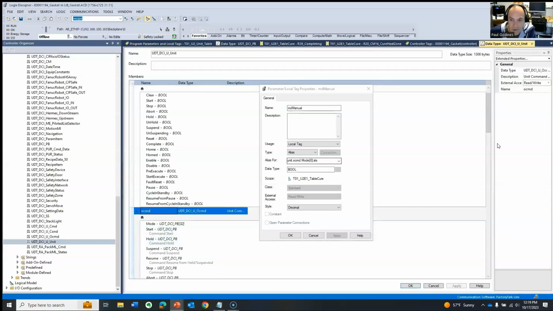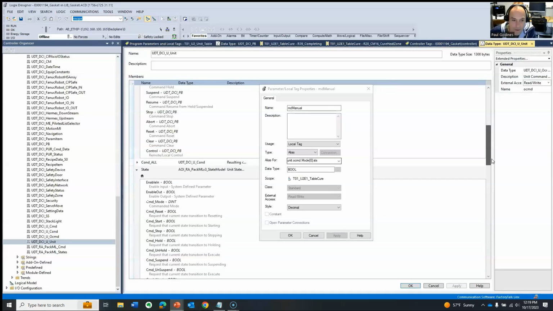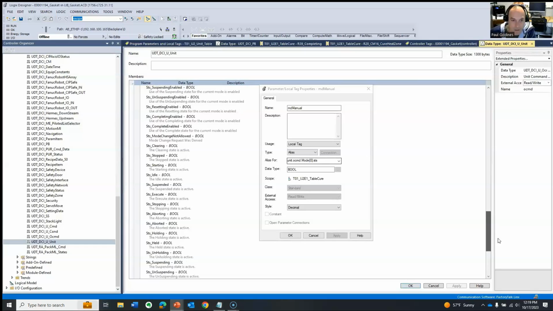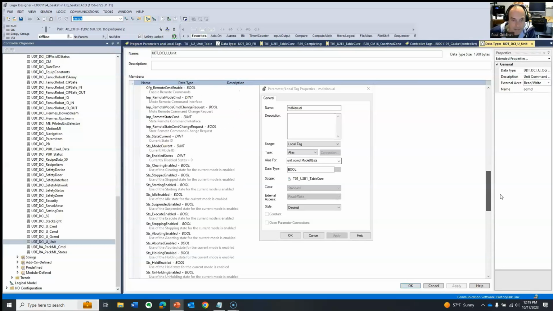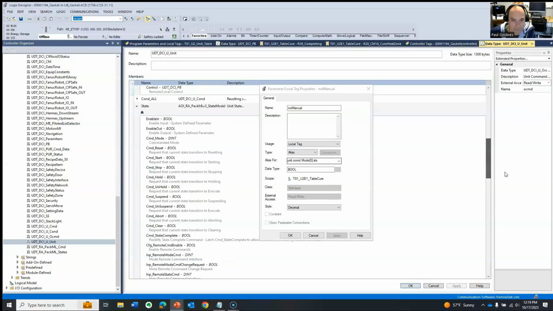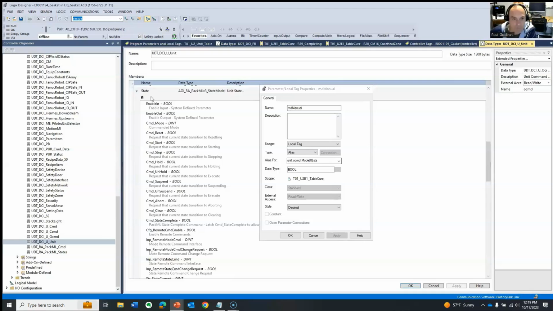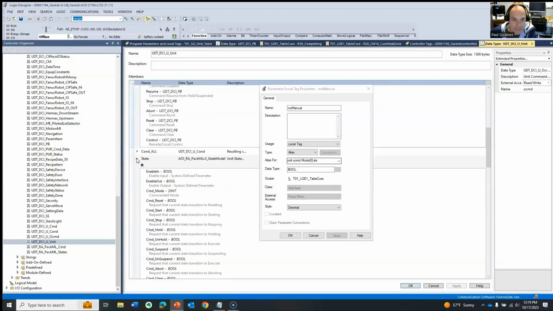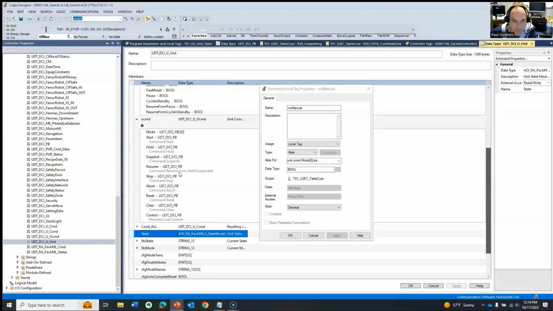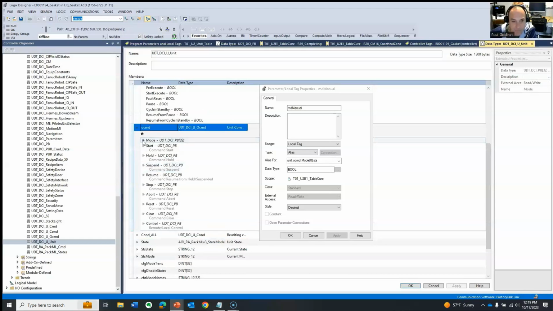Mode 0. See if we can find our mode here. I may have passed it up. Okay, so am I in the right spot here? So no, see, we're at state, and what we need, OCMD mode, right?